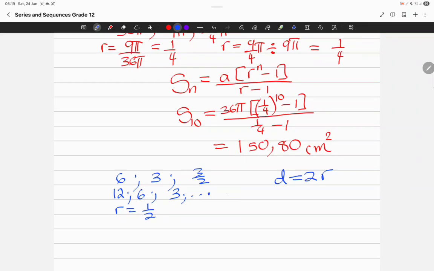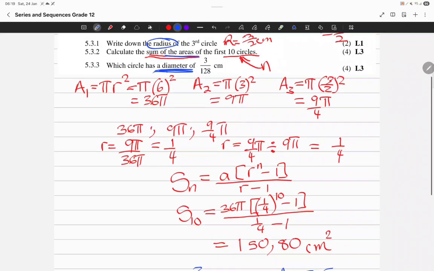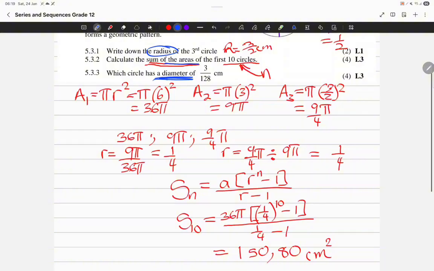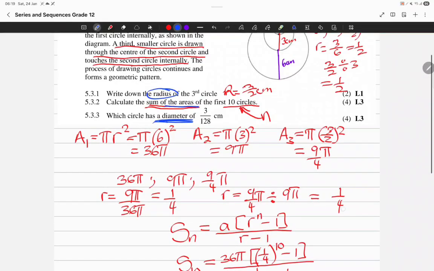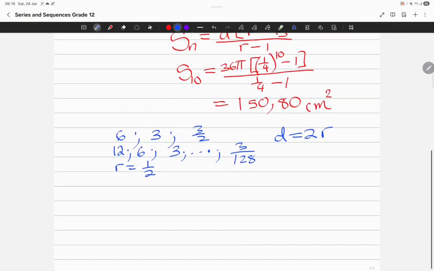And somewhere down the line here, we have a diameter of 3 over 128. So this is a term, meaning that's basically Tn. And this question is actually asking for n, the position of that circle in this pattern.